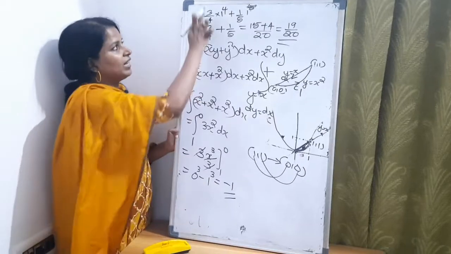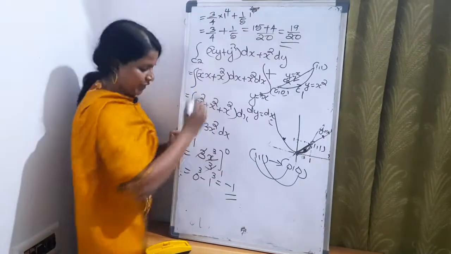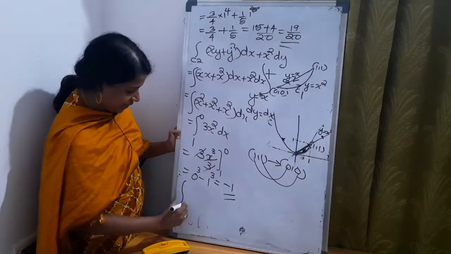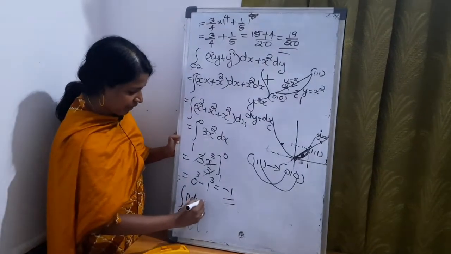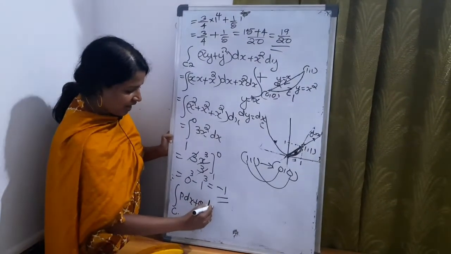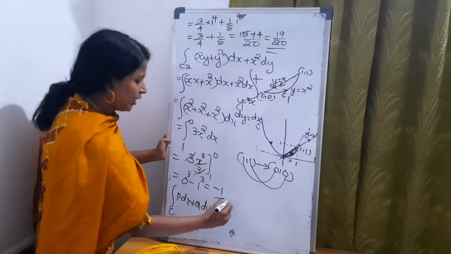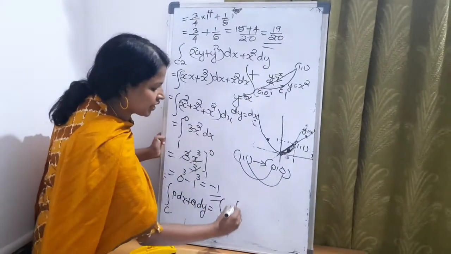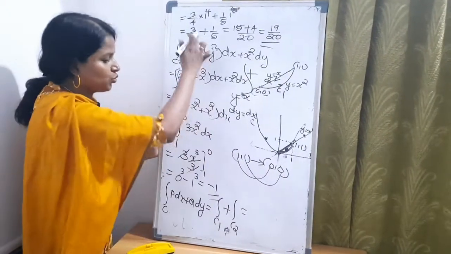Listen. This is the integral over C2, which is minus 1, and the integral over C1 is 19/20. So the LHS equals the integral over C1 plus the integral over C2, the sum of these two integrals.